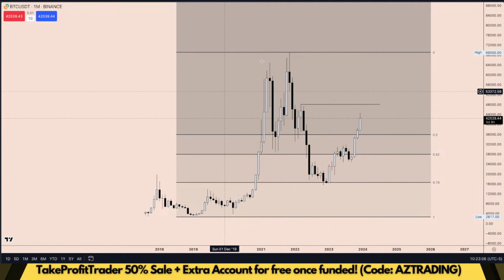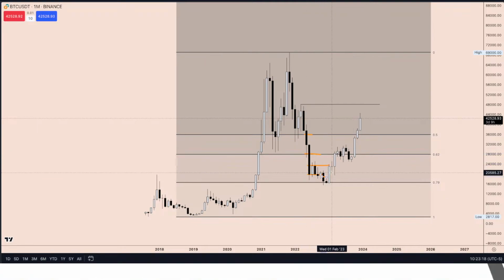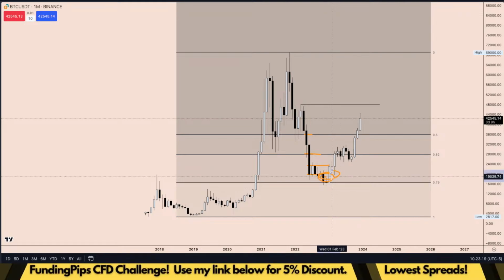And with DCA, I mean moving my average entry price lower and lower with every new entry. My average entry is right around 20k, with my lowest entry being just at 16, something like that.